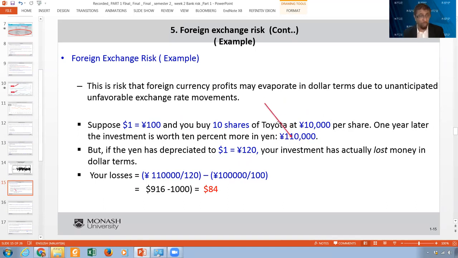But the bottom line, when you change it to dollars, it's 110 over 120, the new rate, which makes it 0.916. So this 0.916 minus your original investment of 1 gives you a loss of 0.084. This is just a clear example of foreign exchange risk.